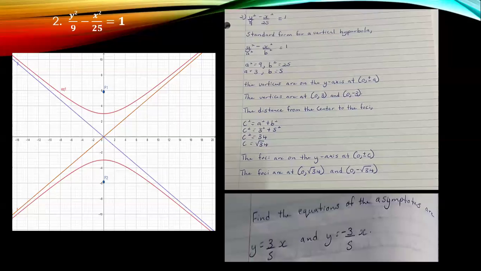We know that our a value is underneath the y, so that would be on the y-axis. From the center, you're going up to 3. So you stop there, and remember this would be plus or minus 3 as well. From the center, you move down, so it will be negative 3, right here.